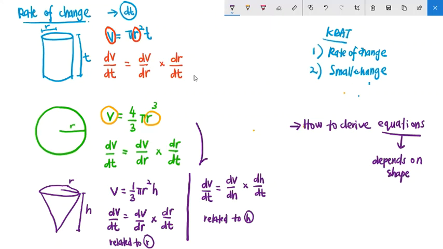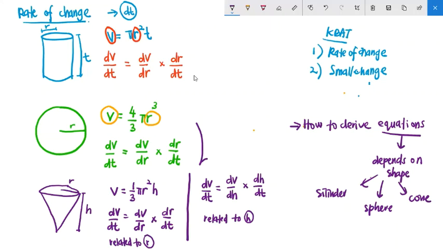Bentuk apa? Silinder ke? Sphere or cone. Selalunya lah dia akan bagi 3 types of this kind of shape. Okay, dia takkan lari lah daripada 3 topik, 3 bentuk ni.